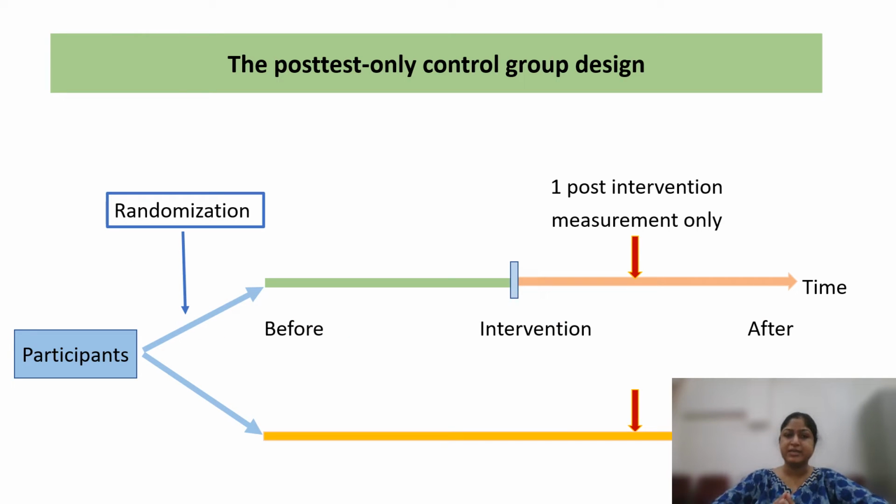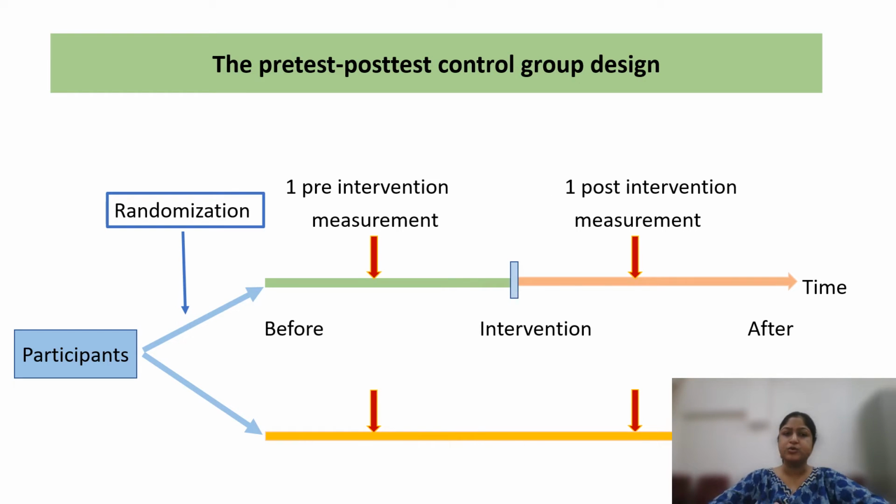Among true experimental research designs, we have the post-test only control group design. In this design, the participants are randomized into two groups. One group will receive the intervention, and there would be one post-intervention measurement only, and the difference between the two groups will be calculated.